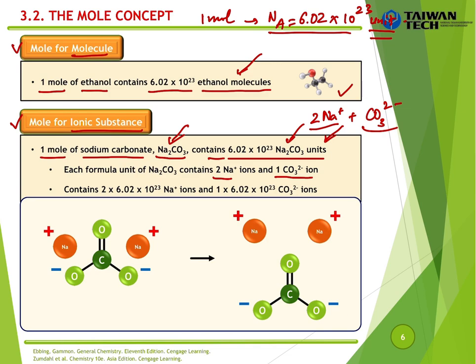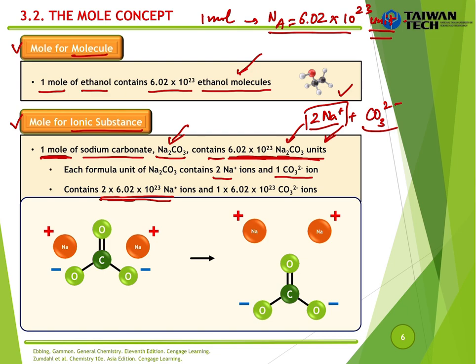And from here we can see, because 1 unit has 2 Na plus, the number of Na plus will be 2 times this value, because you can see 1 mole, right? In 1 mole we have this number of units, but in 1 unit we have 2 Na, so the number of Na plus in 1 mole will be 2 times 6.02 times 10 power 23 Na plus ions.